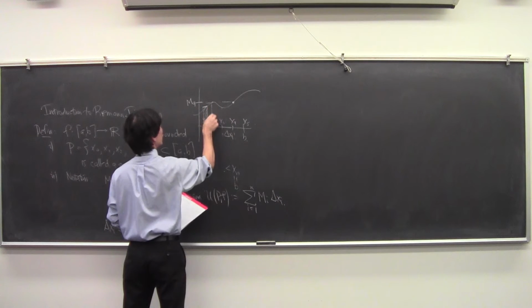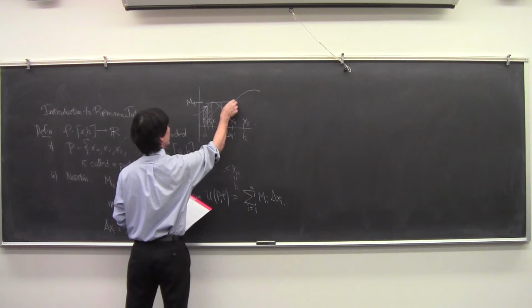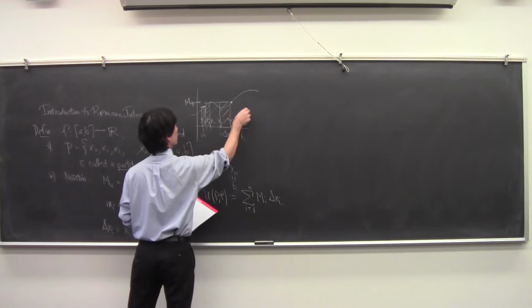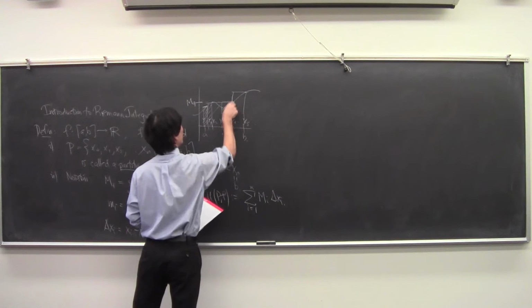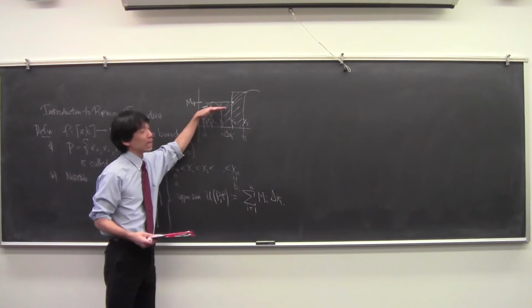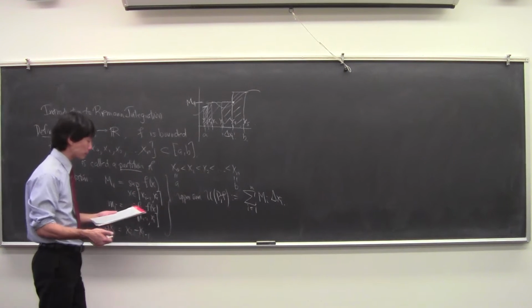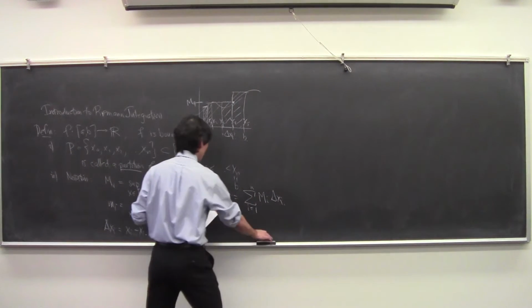You do that for each of the intervals and sum, and you get this value called the upper sum. It bounds the actual area under the function, if there is such a thing.